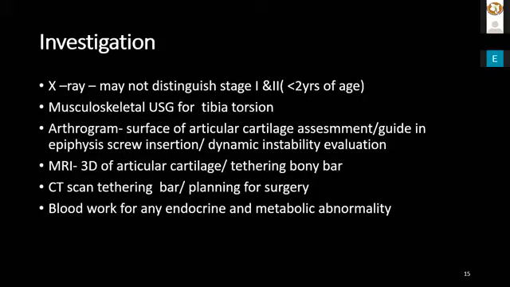MRI for 3D cartilage slope is more important. It's more useful in surgery planning than the metaphyseal bar. The blood workup is usually done because these children are obese and may have diabetes as well as other metabolic abnormalities.